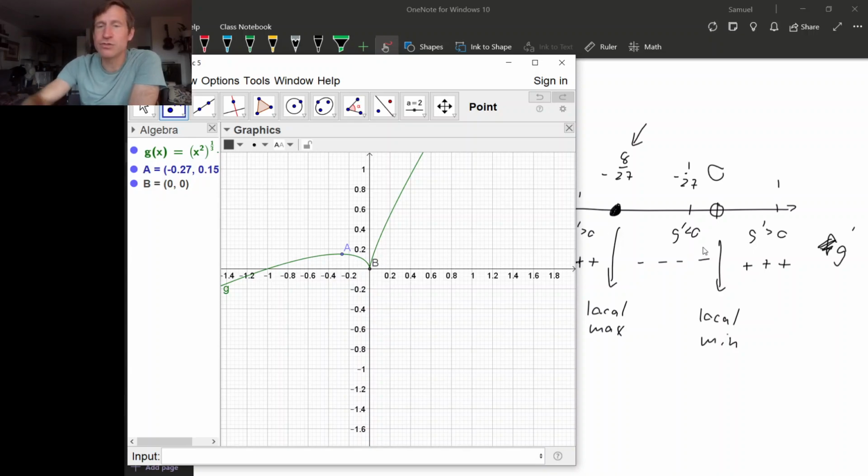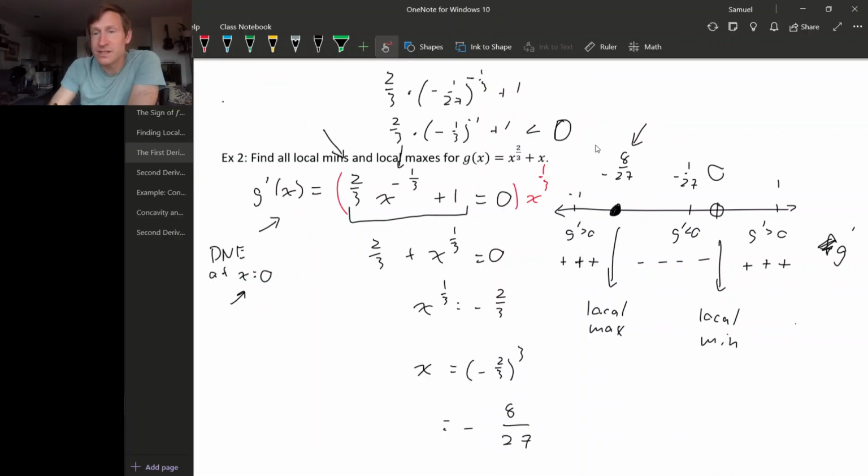So even though the derivative didn't exist at x equals 0, the first derivative test still lets us notice that x equals 0 is a local minimum for this example. This does show you that on your sign charts, you do need to include spots where the function for which you're making the chart doesn't exist, and also places where that function is 0.